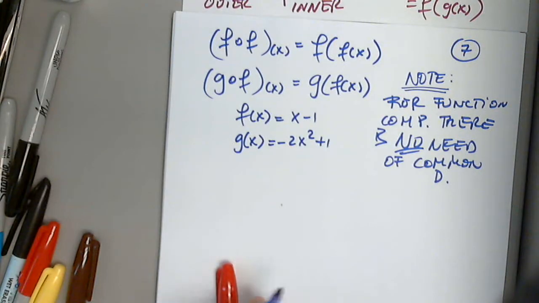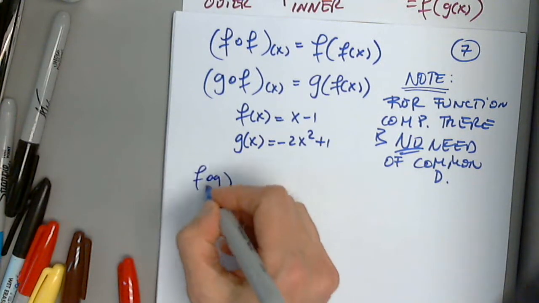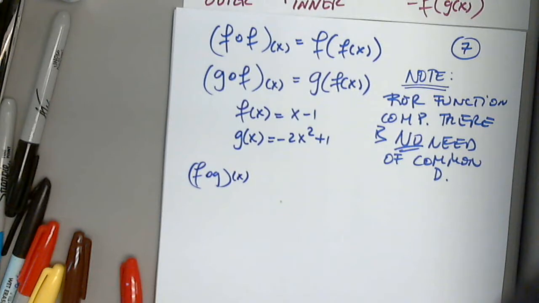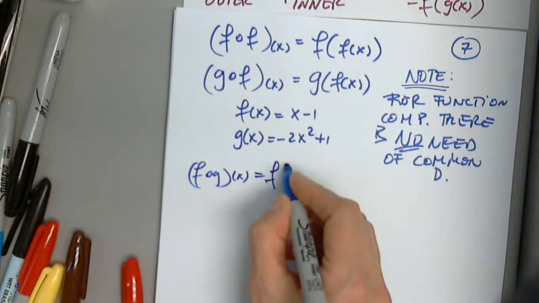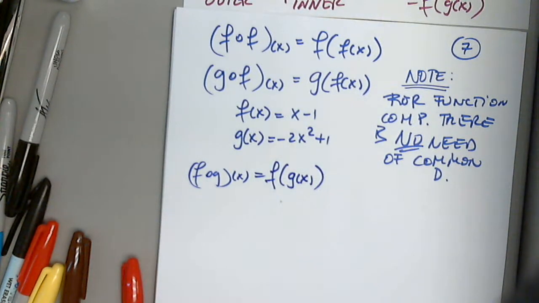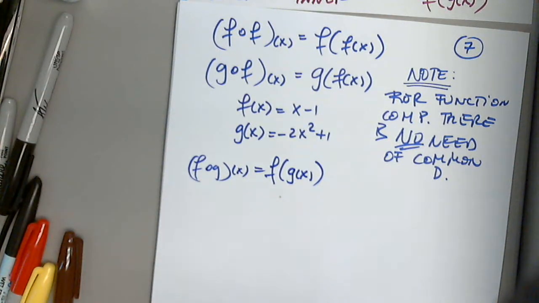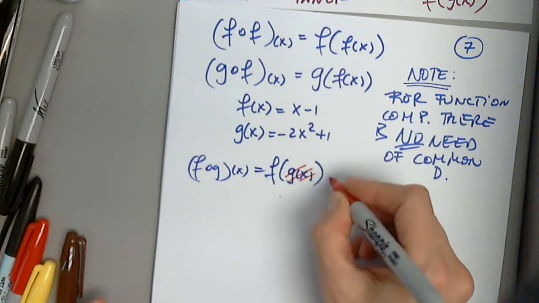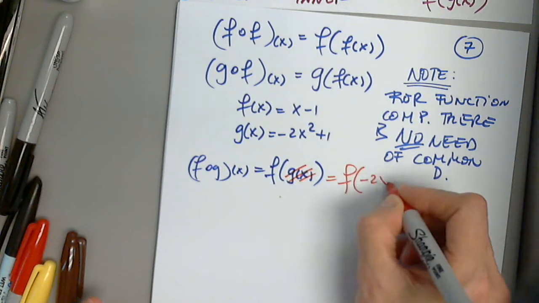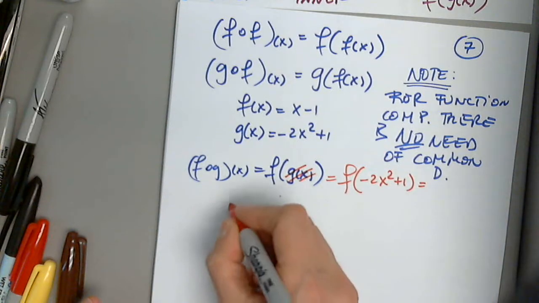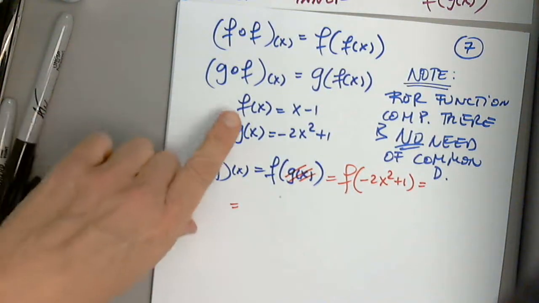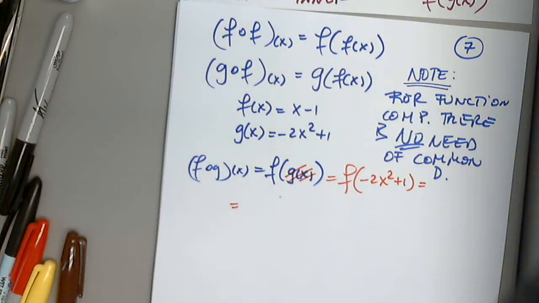Okay, so let's say we are asked to find f comp g. And we have to write the definition, which is f of g of x. I have to start with the inner function. So this is f of negative 2x squared plus 1. And now I have to go back to f and see what f is asking me to do.